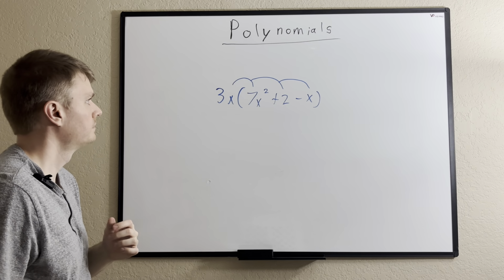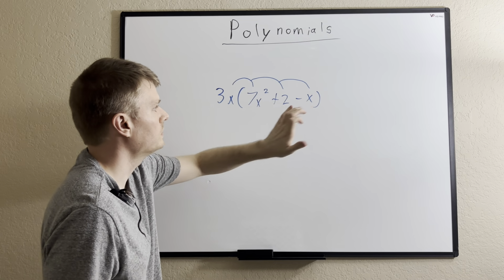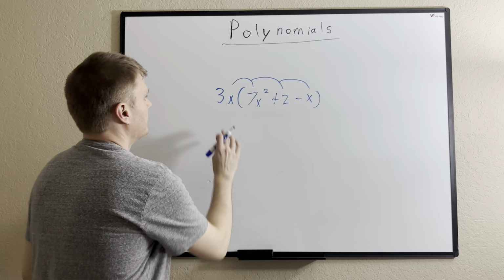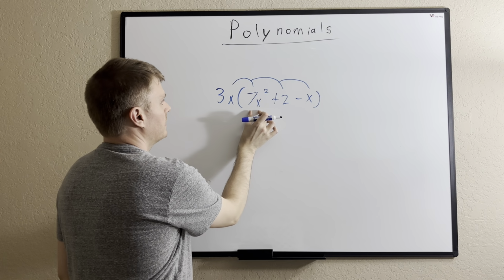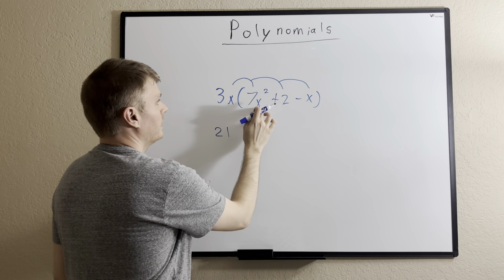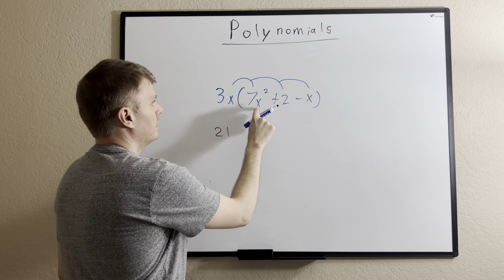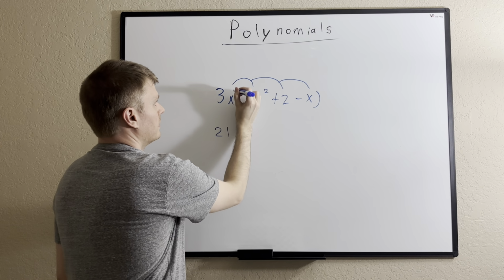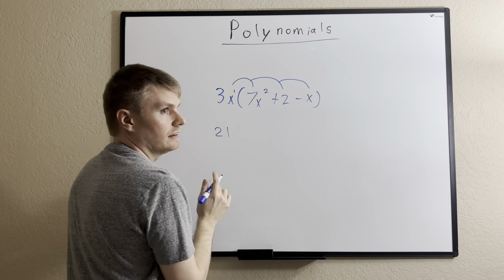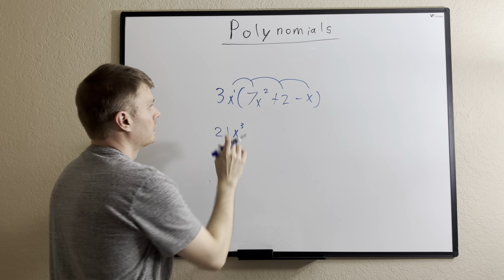Just like that. You have to multiply this by every term individually, not just the first term. 3x times 7x. 3 times 7 is 21. X times x squared is what? When you multiply 2 variables together, you're adding their exponents, right? So it's x cubed.